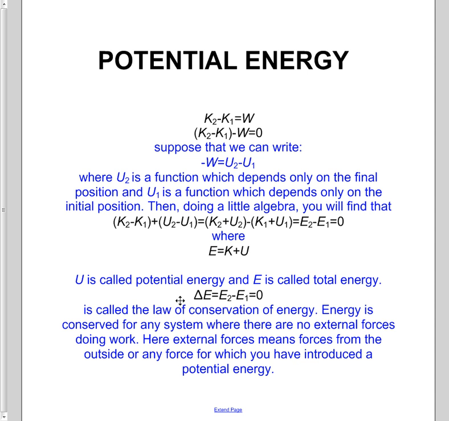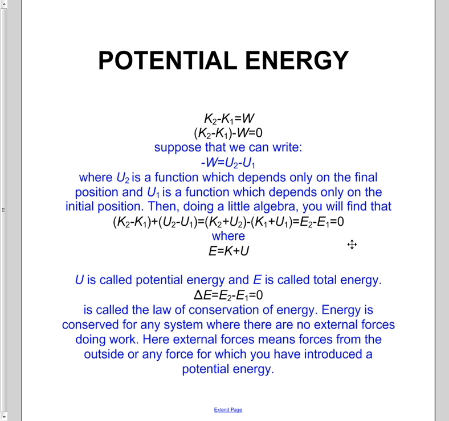Okay, so now we have that the change in the total energy of the system is equal to 0. Now this is an equation which is extremely useful in physics.